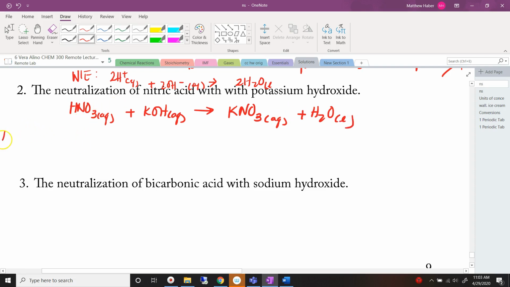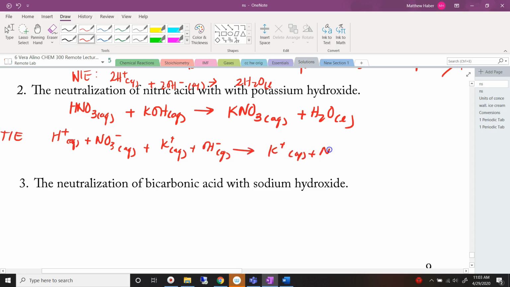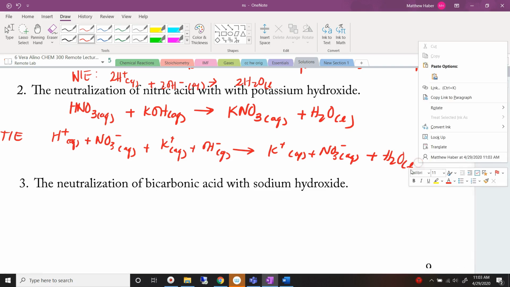Now write the total ionic equation. You have H ion, the nitrate ion in the acid, the potassium ion in the base, hydroxide to form potassium ion, nitrate ion, and keep the water as is because it's liquid.